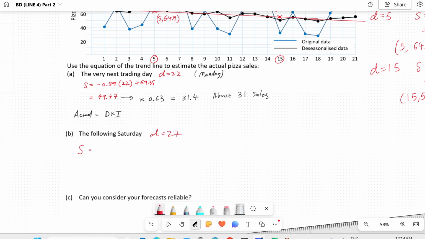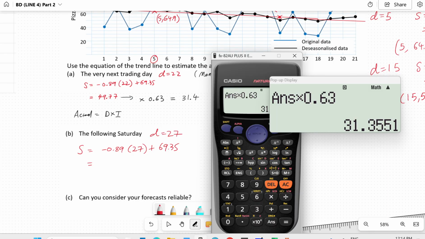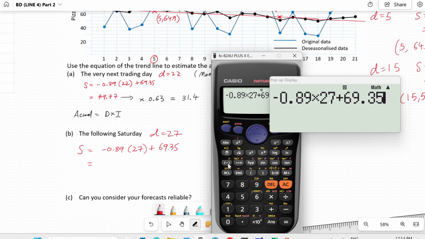So the sales are equal to negative 0.89 by 27 plus 69.35. So put this in, 0.89 by 27.5. This gives us 45.32.